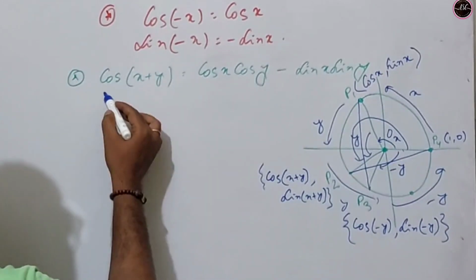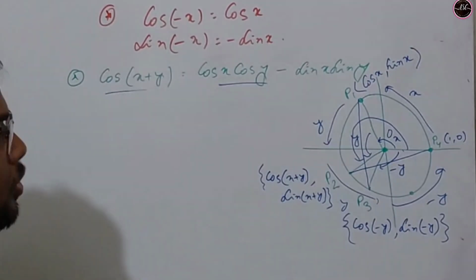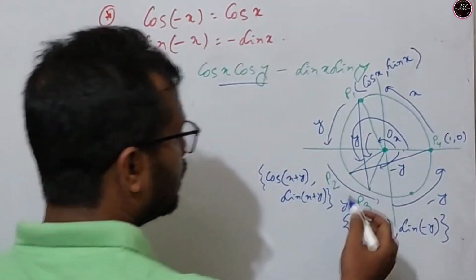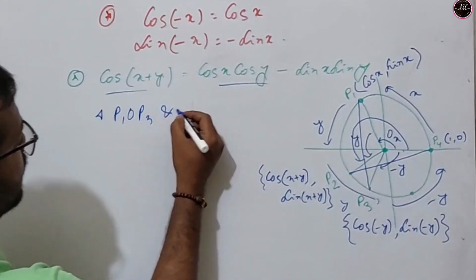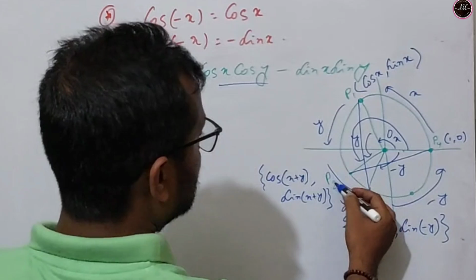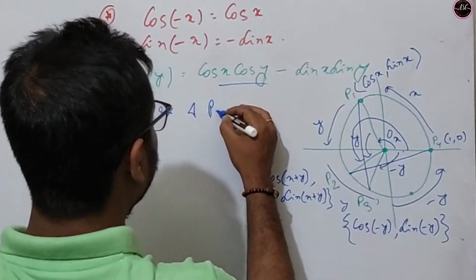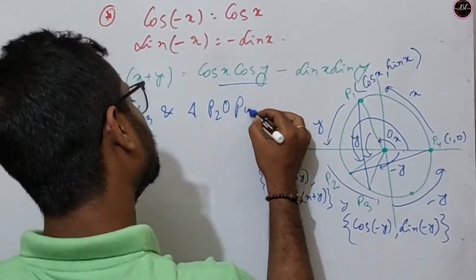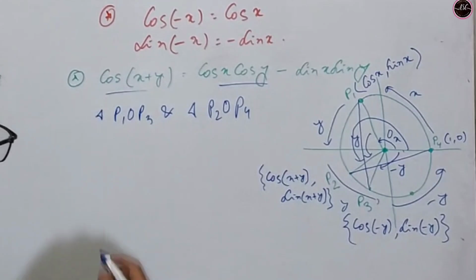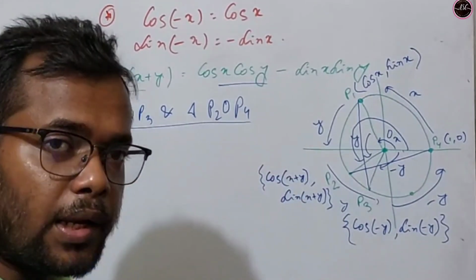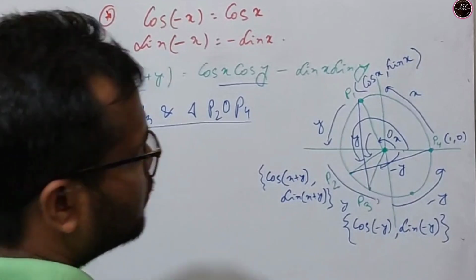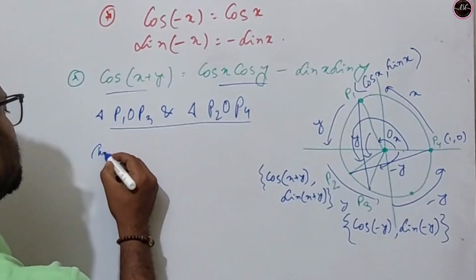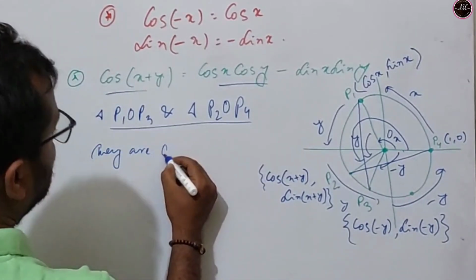Now we are going to prove this. Just look, the triangle P1 O P3 and triangle P2 O P4. There are two triangles, and if we consider these two triangles, we get that they are congruent.